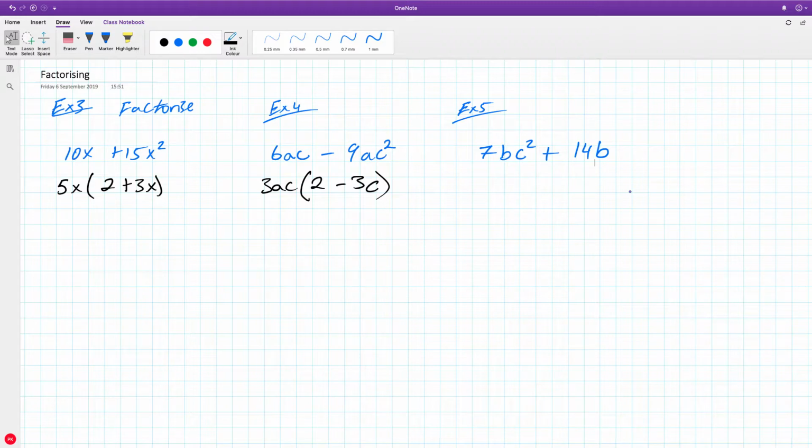Factorize that for me. 7bc squared plus 14b. So you worry about the numbers first of all, and then you worry about the letters.